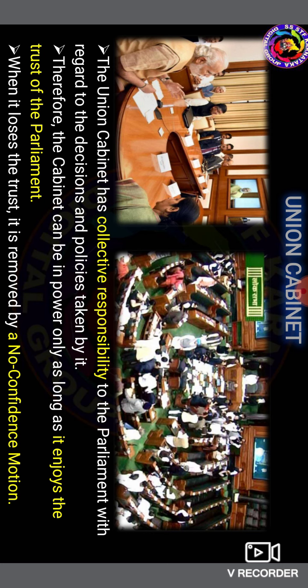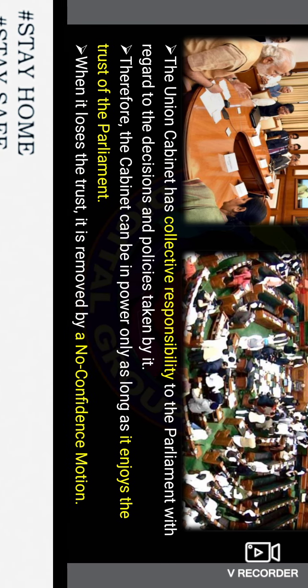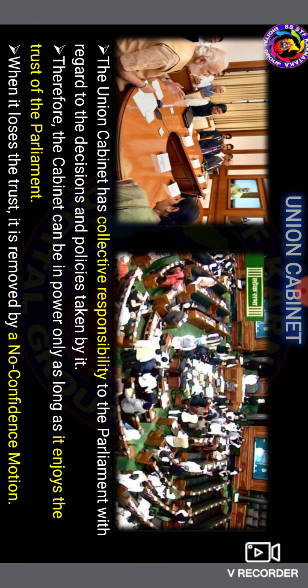The Cabinet can hold power only as long as it enjoys the trust of Parliament, and when it loses that trust, it is removed by a no-confidence motion. These are the functions, formation and responsibilities of the Cabinet to the Prime Minister.